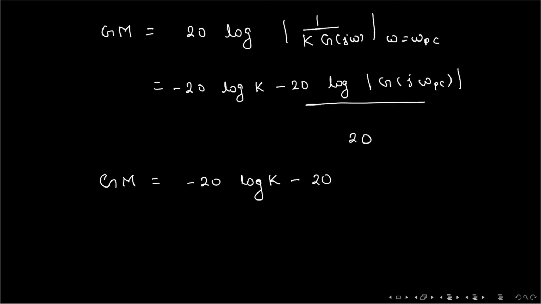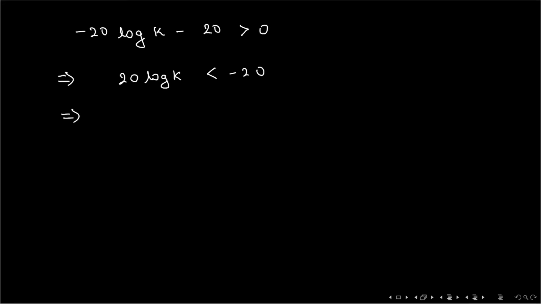We know that for the system to be stable, gain margin must be greater than 0. So we have minus 20 log k minus 20 greater than 0, which means 20 log k is less than minus 20, which is log k less than minus 1, which is k less than 10 power minus 1, which is equal to 0.1.